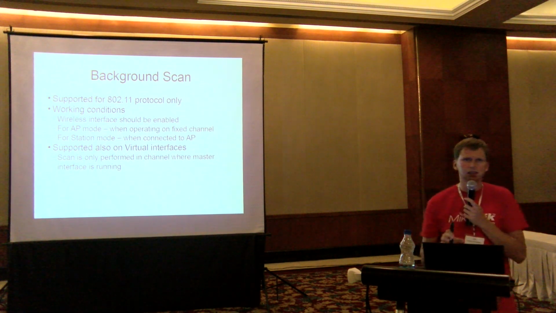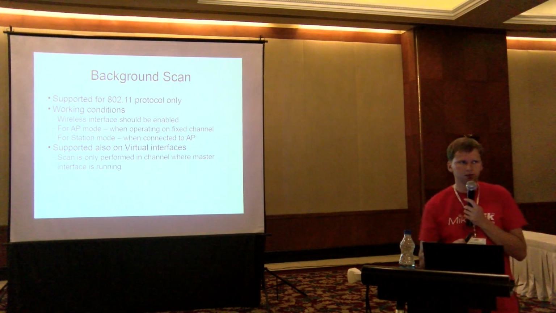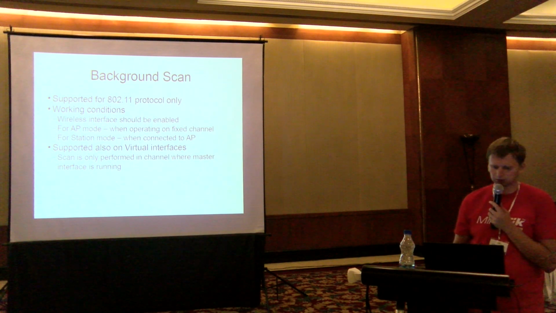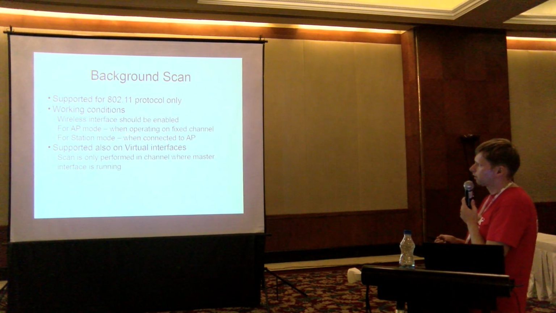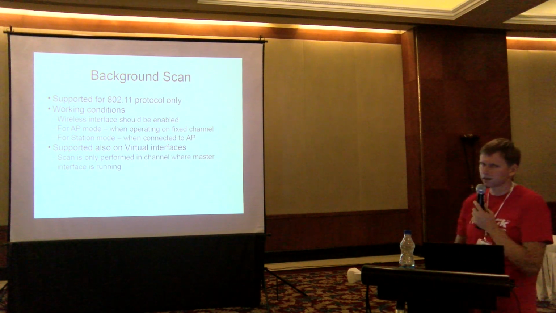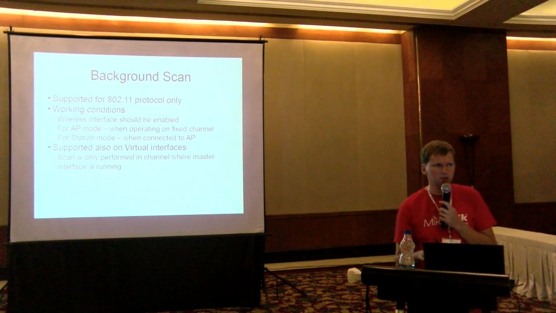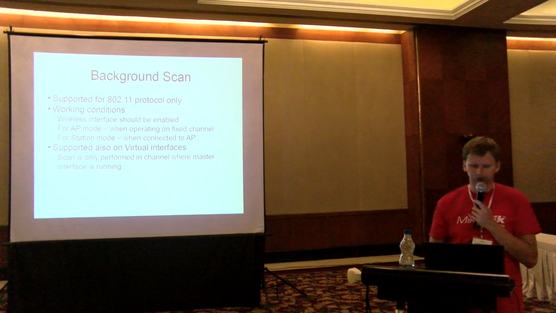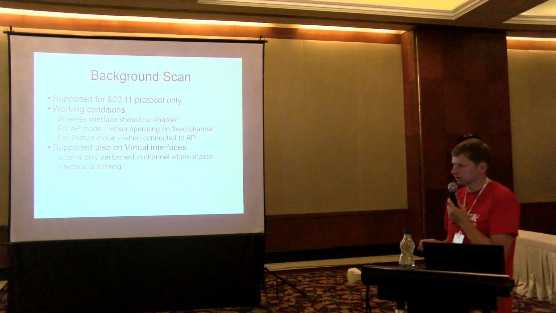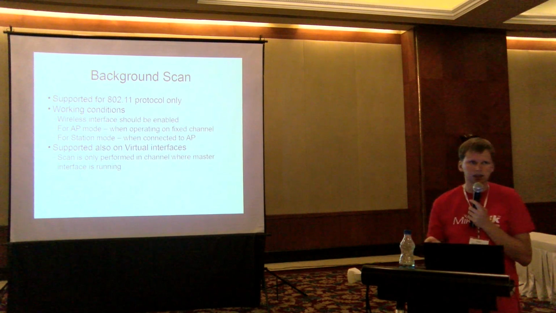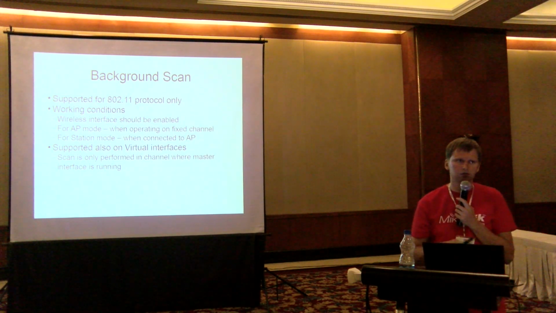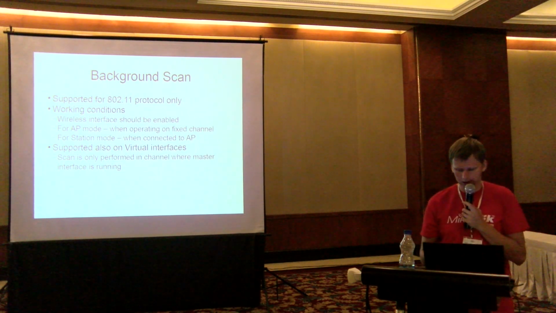So you will only see the access points in the same frequencies where the access point is. And for station modes, it will work only when the station mode is connected to some AP. If it's only in scanning mode, you will not be able to do that. Also, it's possible to do that on virtual interfaces as well. So if you have a setup like from the previous slide, you can also do background scan on this.